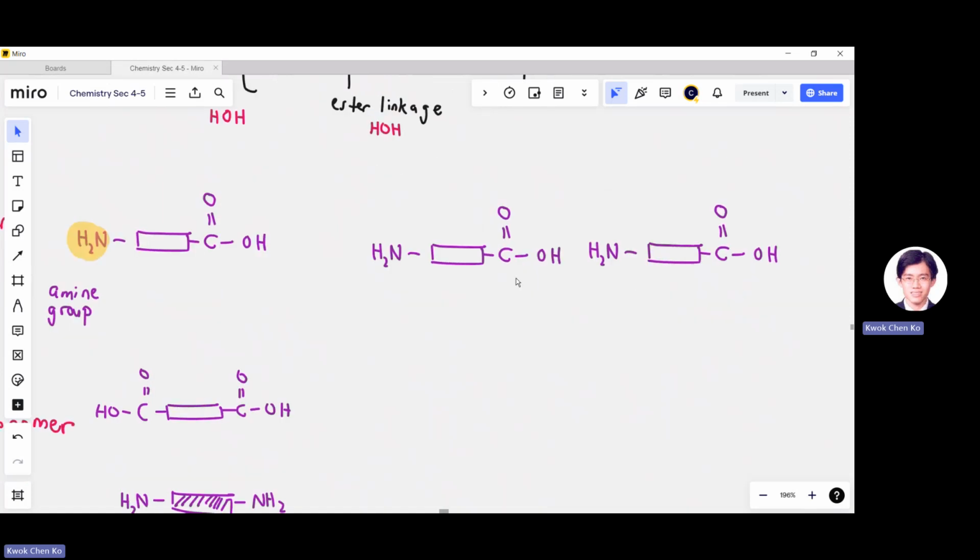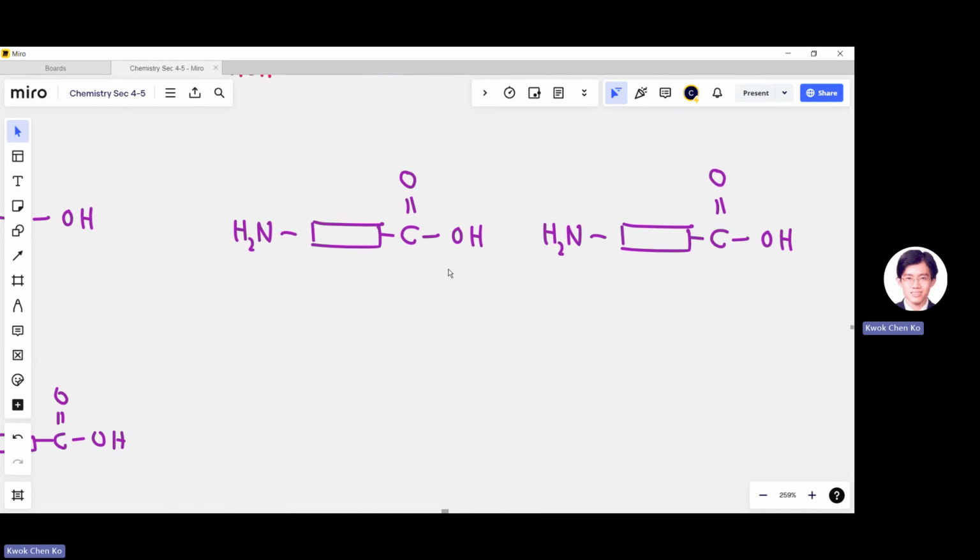But the interesting part, how does it join now? There's no longer alcohol now. It breaks, but of course you don't know where it breaks. Okay, let me redraw this one. Same thing, where does it break?